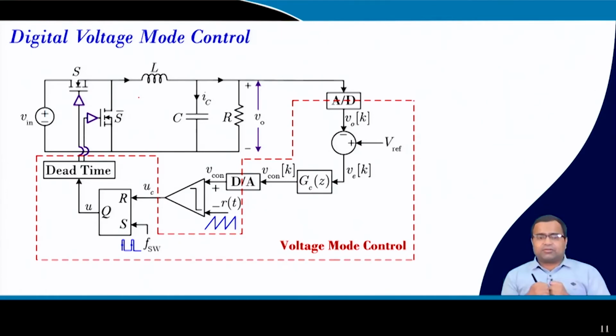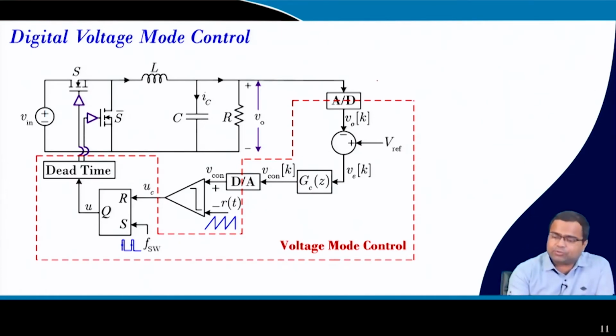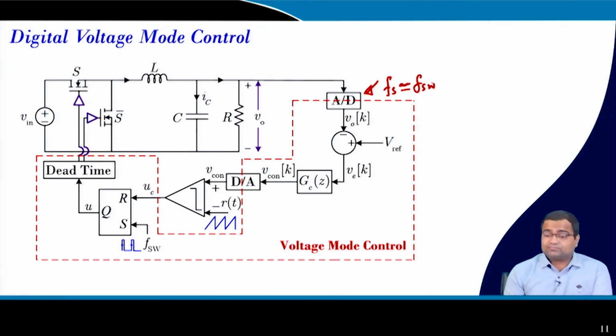Now, if you go to the digital controller, we discussed one A to D converter, and we discussed this sampling rate, which we are taking roughly the same as the switching frequency, right. And then after this, the sensed voltage comes inside digitized, that means it is both sampled as well as quantized, and then it is compared to the reference voltage and we get an error voltage, and then it goes to the compensator.